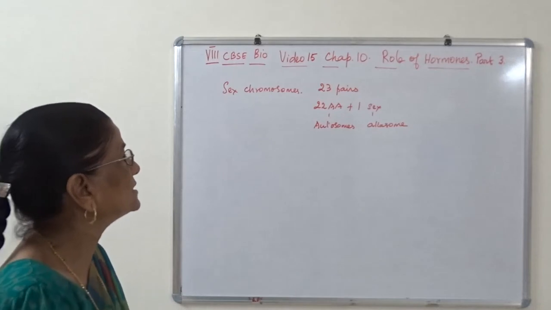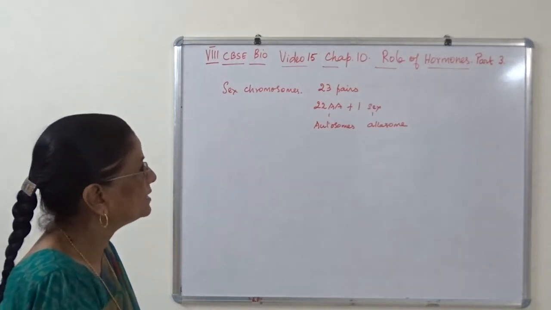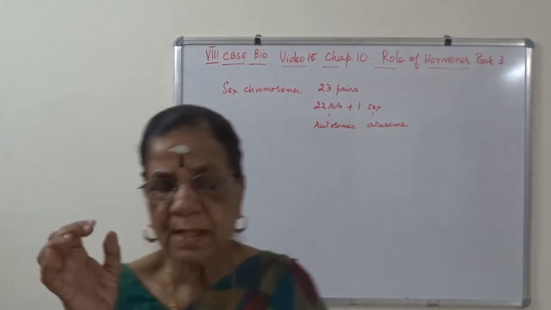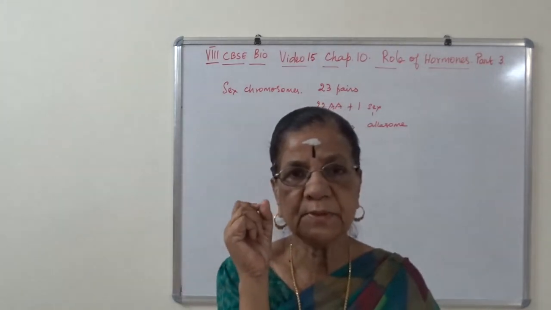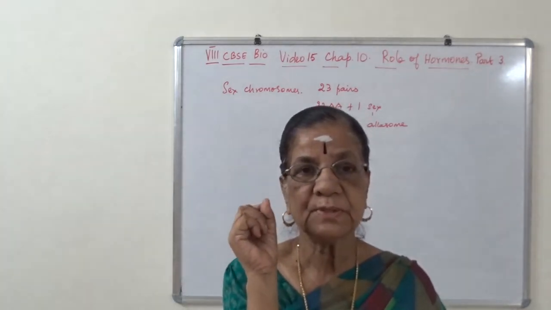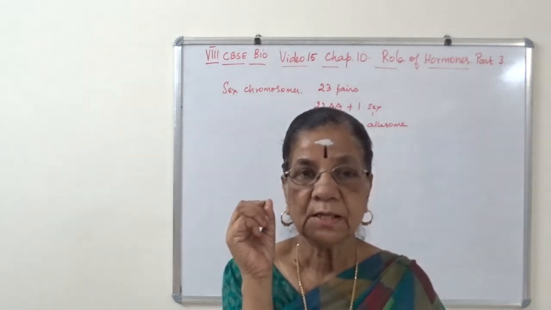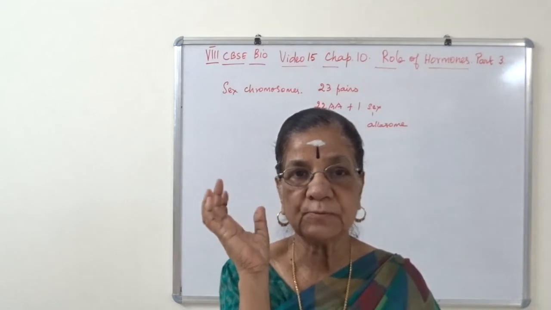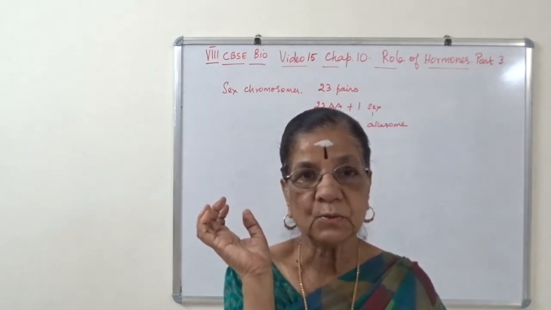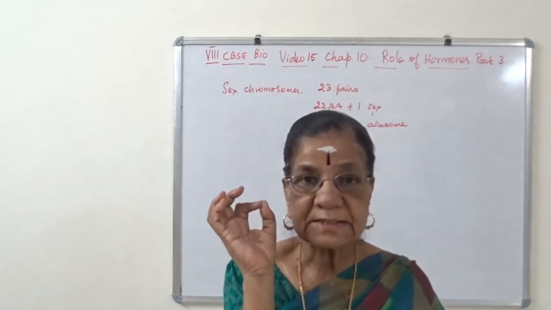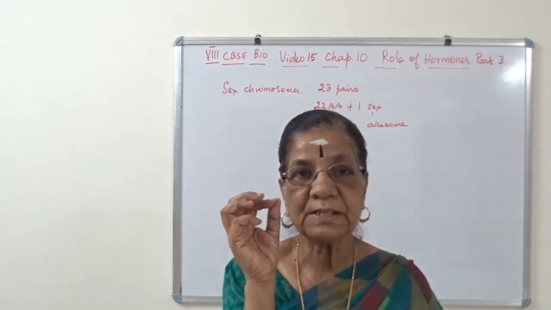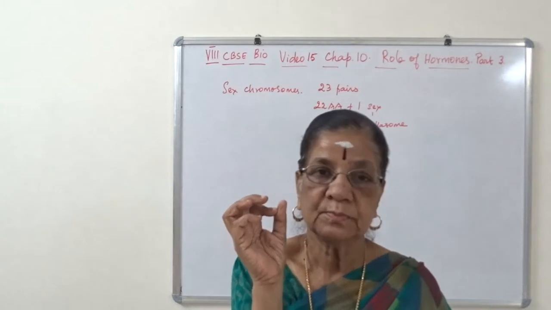Now these autosomes and allosome make 23 pairs. Every part of the body is made up of cells. I hope you know that the cell is the structural and functional unit of life. And the nucleus of that cell will contain 23 pairs of chromosomes.